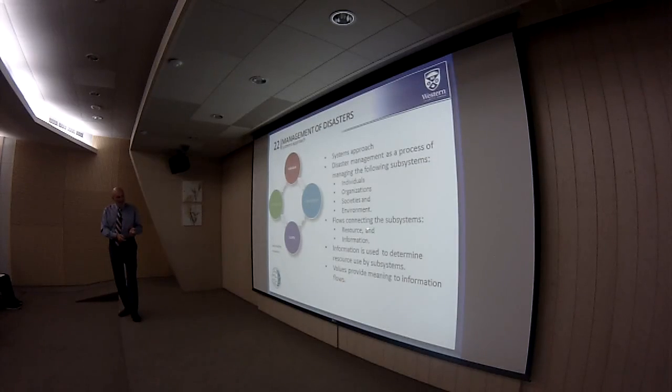By understanding the flow of resources, this is easier for us. We can determine the state of, let's say, the environment. We can measure the water quality. We can determine how much water we have in the watershed by doing some hydrologic analysis and so on.